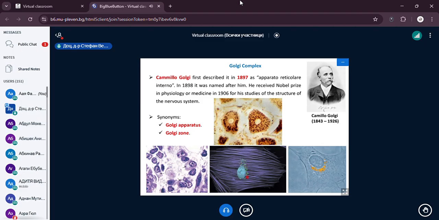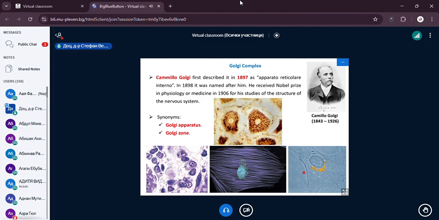This substance accumulates in the Golgi network, in this internal reticular apparatus, and it can be visualized as this interconnected but dispersed vesicles and cisterns around the nucleus of the cell. This is the nucleus of the cell, also labeled with a specific fluorescent dye.